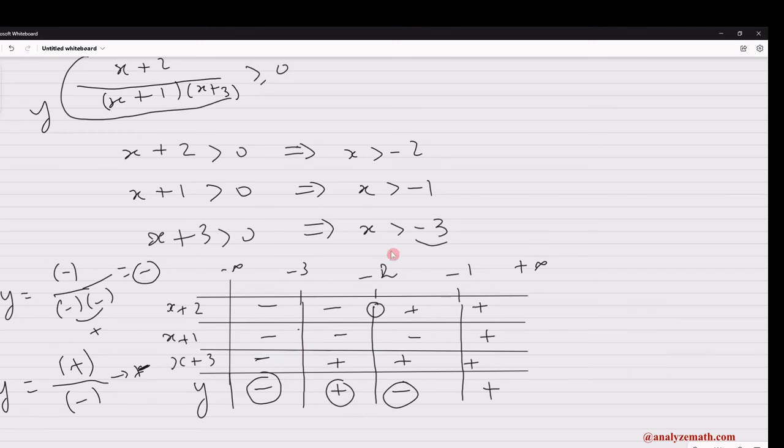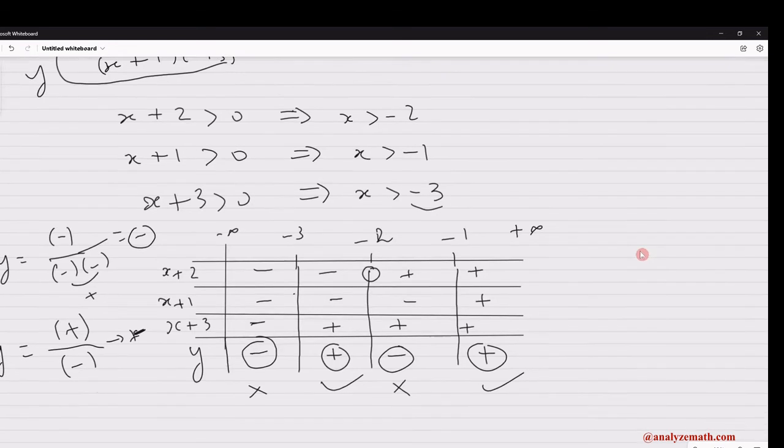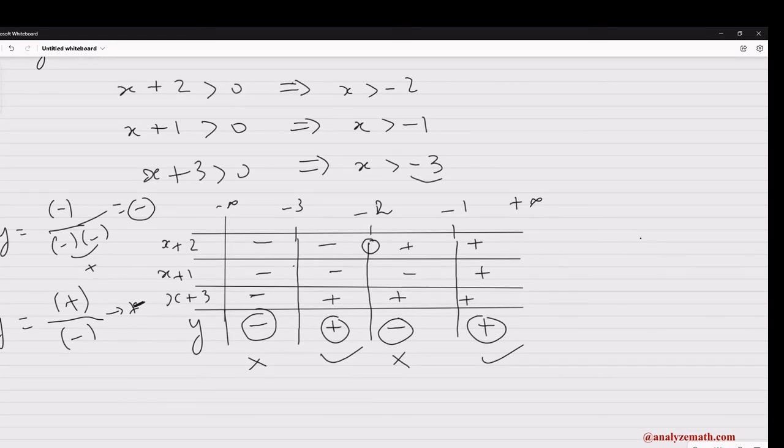Now remember, we are looking for when y, this expression, is either positive or 0. So the intervals we are interested in are this one and this one, positive or 0. Not this one, not this one. Good, let's start working on the intervals. So we have minus 3, minus 2.